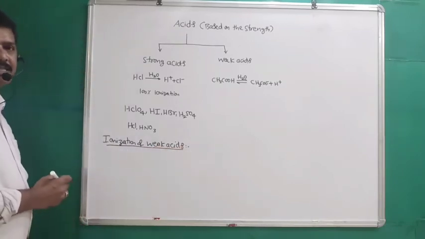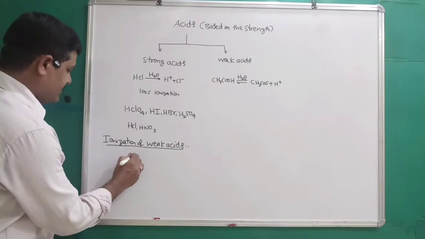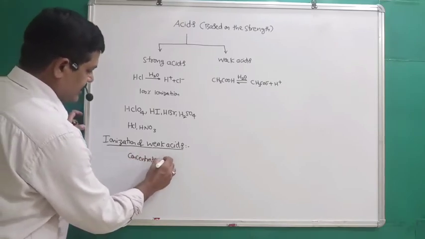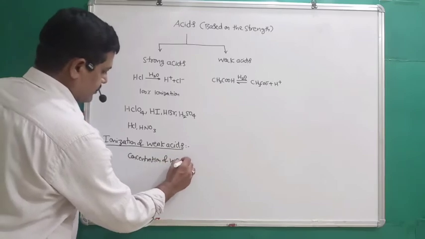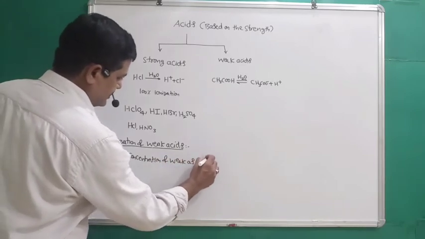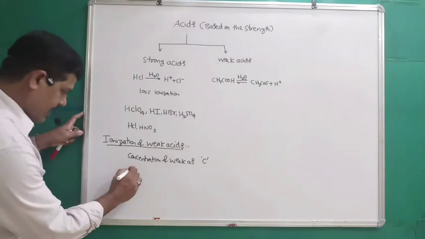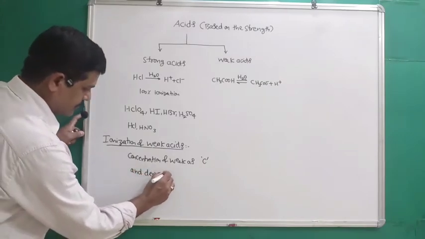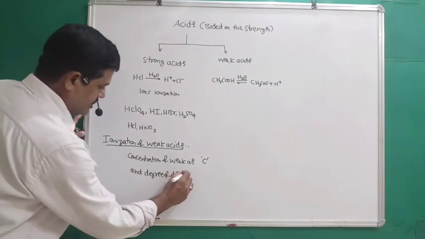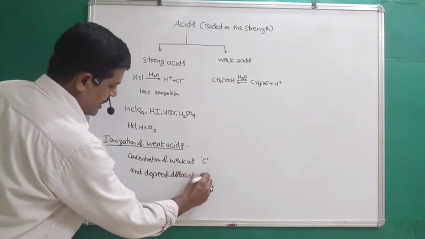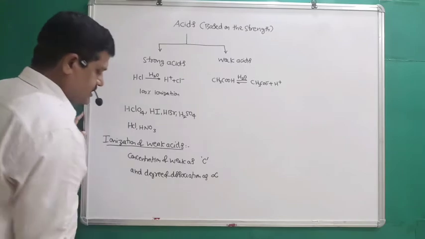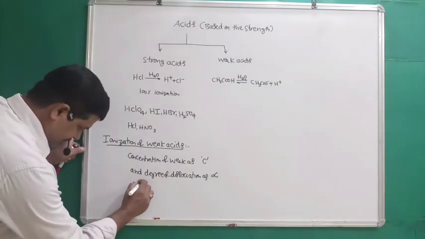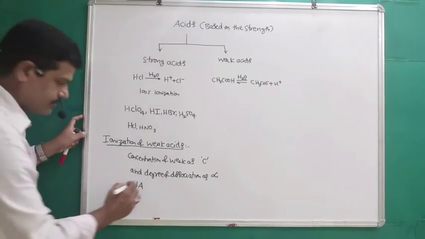Students, let us consider the concentration of weak acid as C and degree of dissociation as alpha, right? Let us take a weak acid with general formula HA.